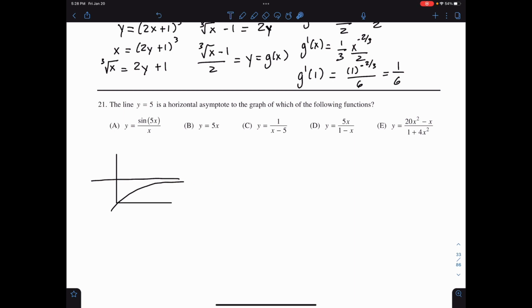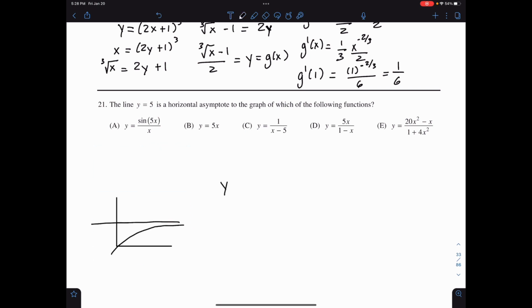So what we're really being asked to look for here is which of these equations y have a limit as x goes to infinity such that y is equal to their asymptote, which is 5. So all we need to do is solve for the limits as x goes to infinity for the options they've given us and see which one has a limit of y equals 5.